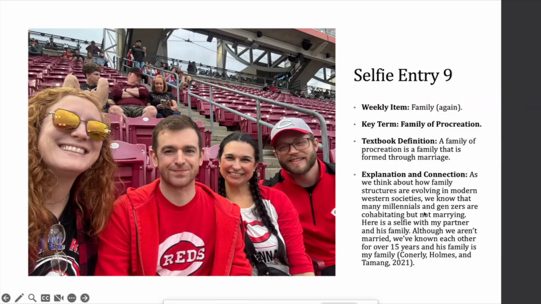Here is a selfie with my partner and his family. Although we aren't married, we've known each other for over 15 years, and his family is my family. Had we been married in a different generation, if we were baby boomers or the great generation, perhaps we would be a family of procreation. But we're just cohabitating, and we're celebrating the Reds game together.